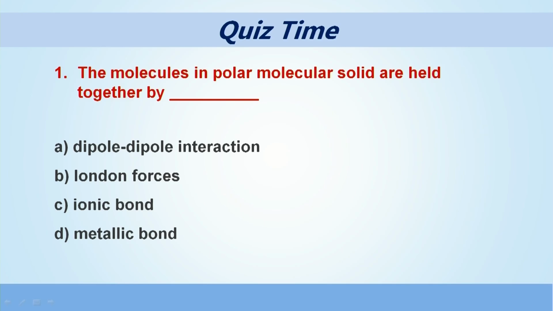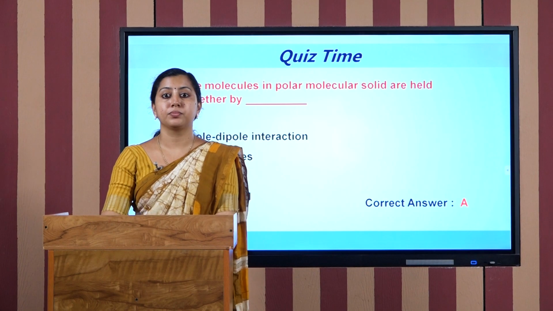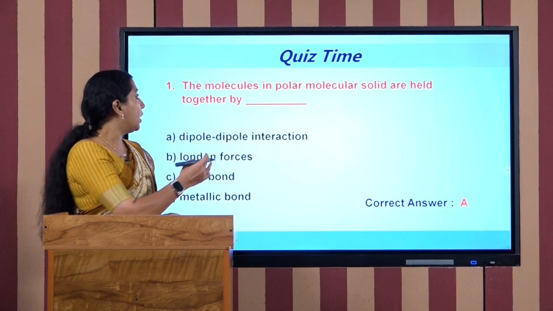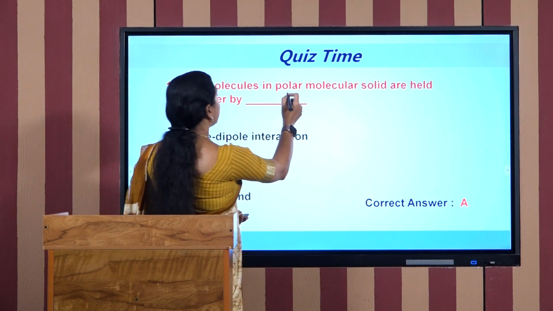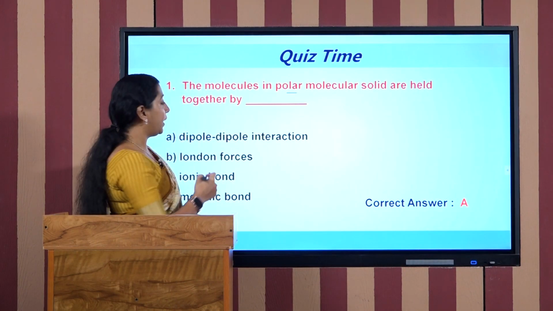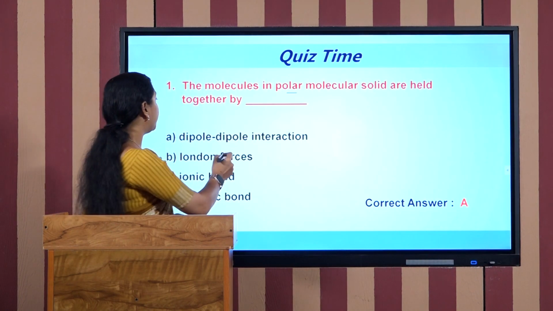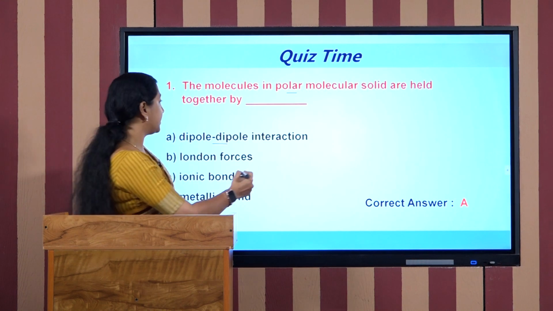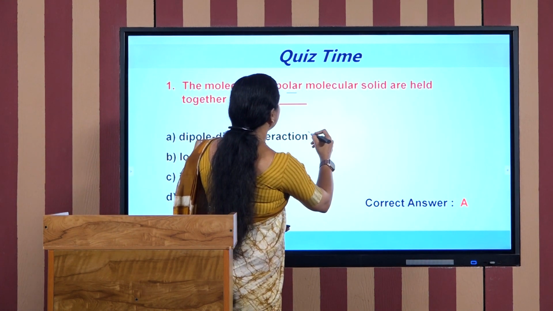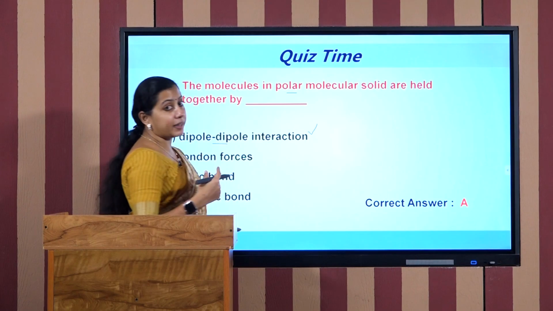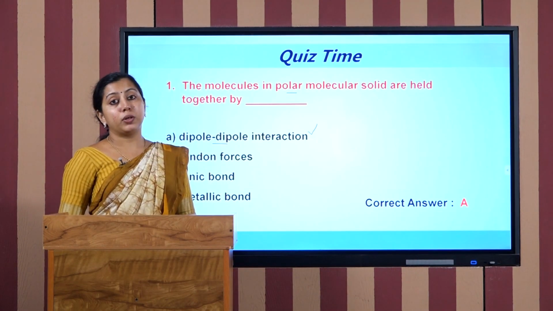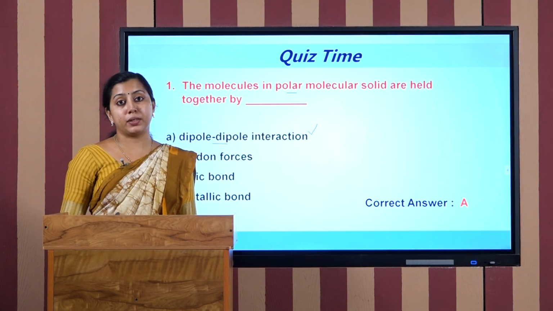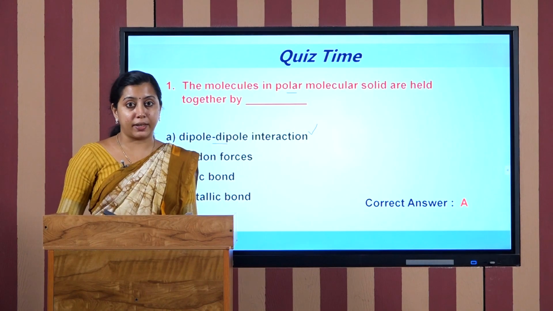Option C, ionic bond, and option D, metallic bond. We know that a polar molecular solid are held together by dipole-dipole interactions. The correct answer is A. A polar molecule means it can act as a dipole. So, such molecules are held together by dipole-dipole interactions.